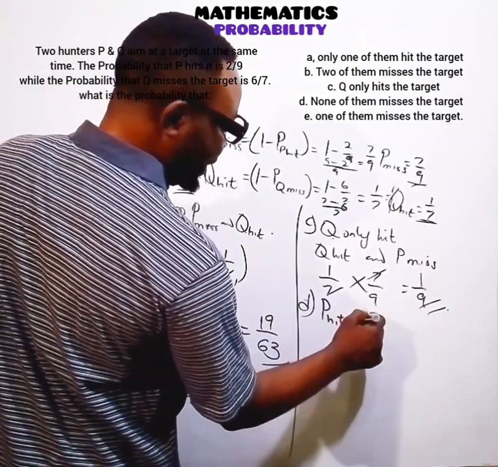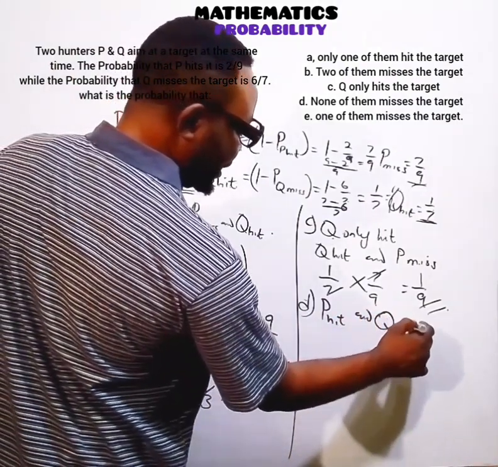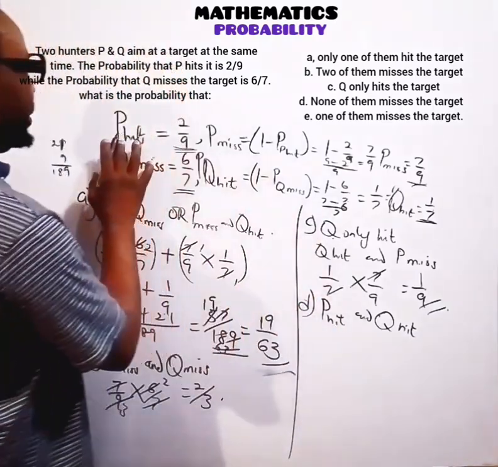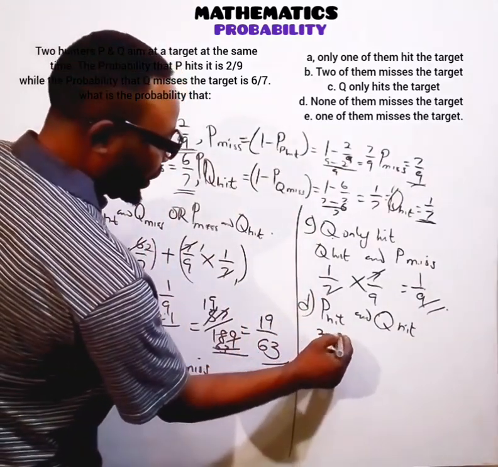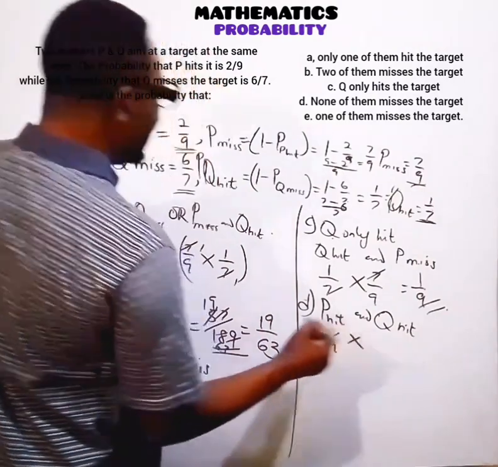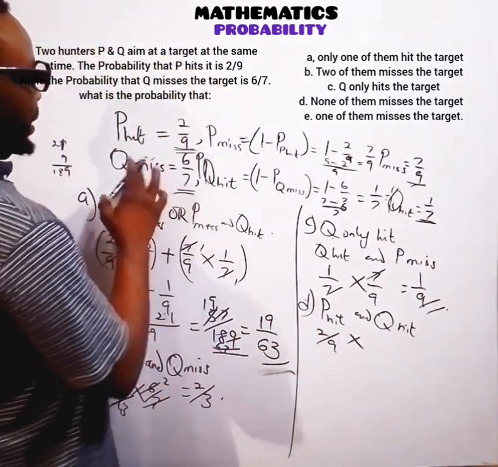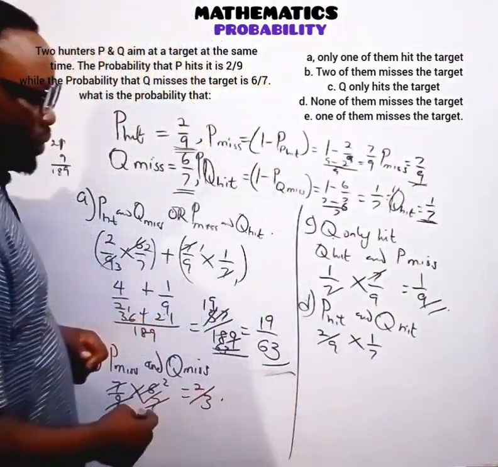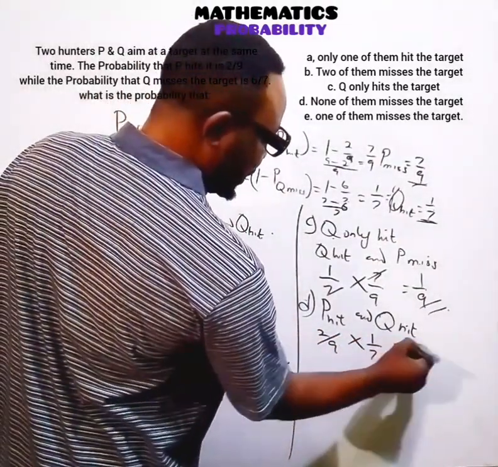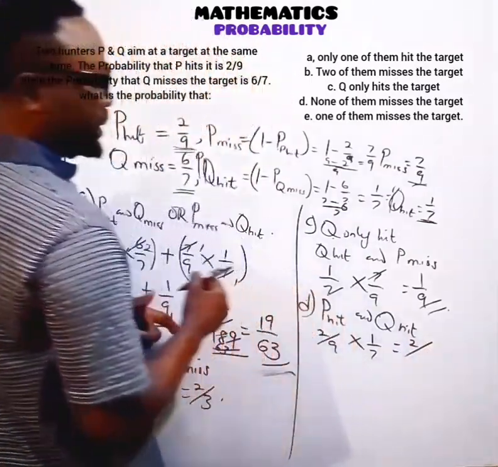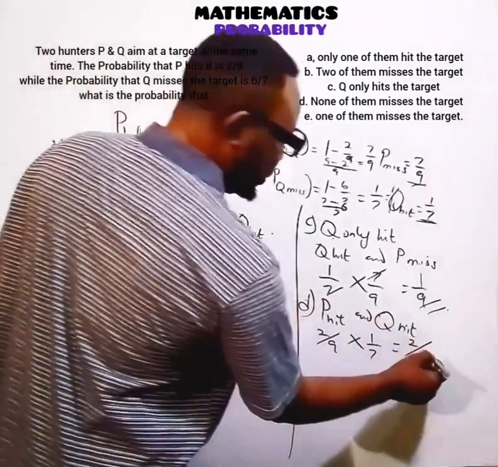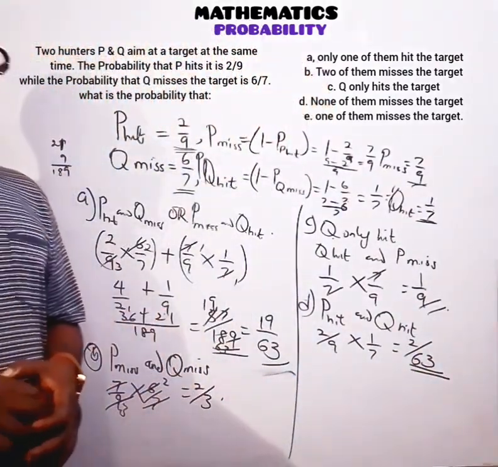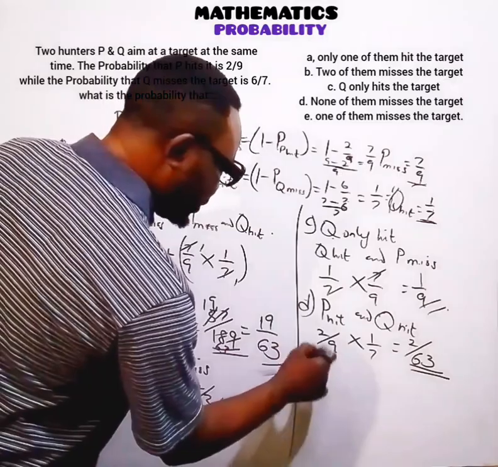The probability of P hitting the target is 2 over 9, multiplied by Q hitting the target, which is 1 over 7. 2 times 1 is 2, over 9 times 7, which is 63. That's 2 over 63. Now, to the last question.